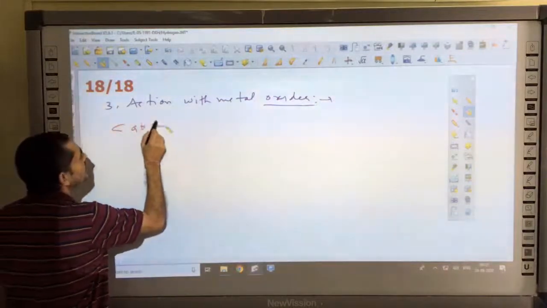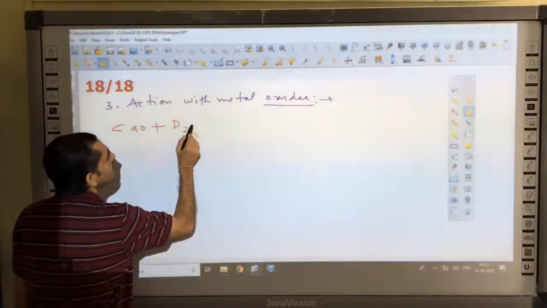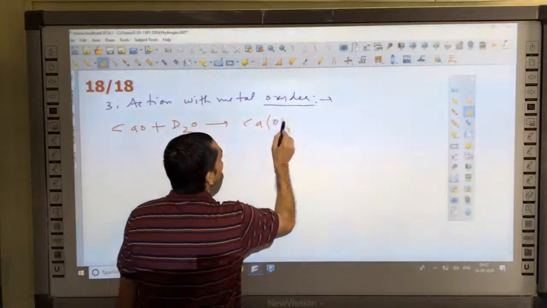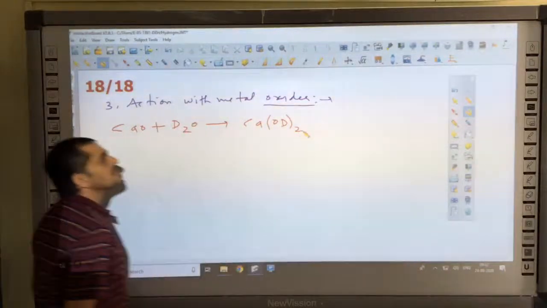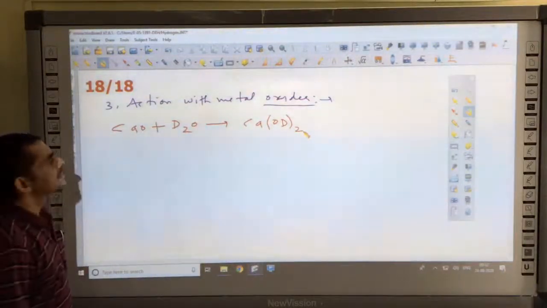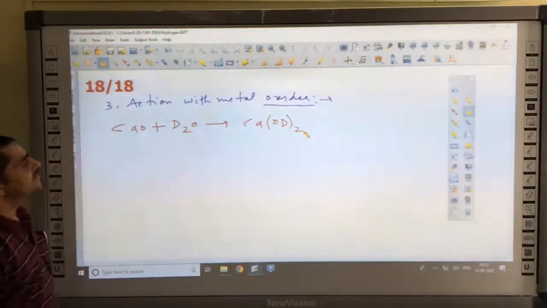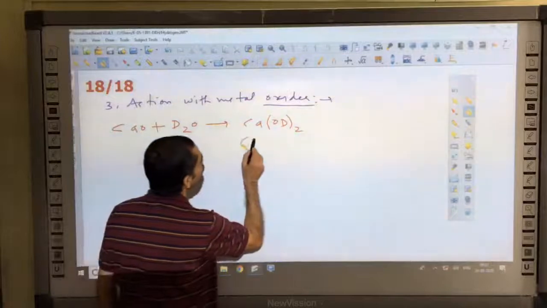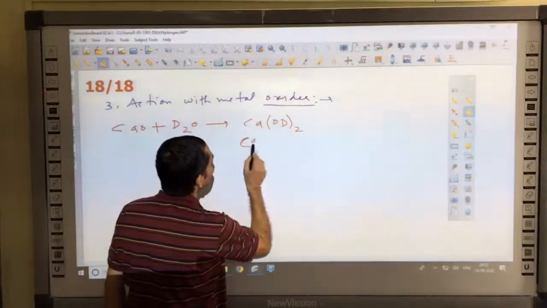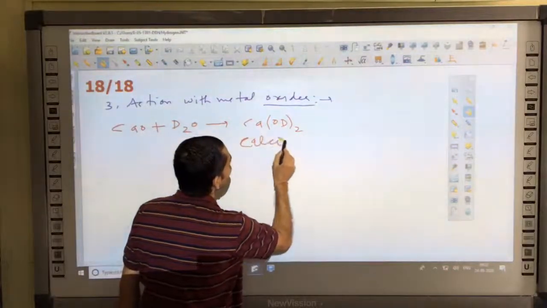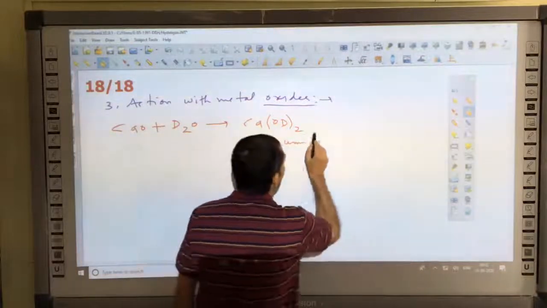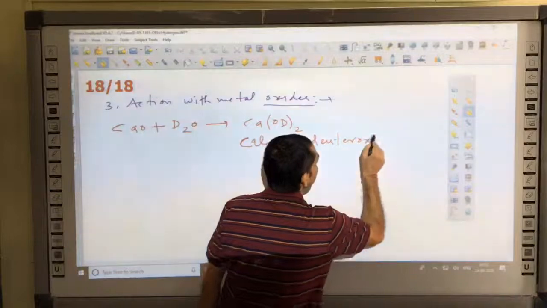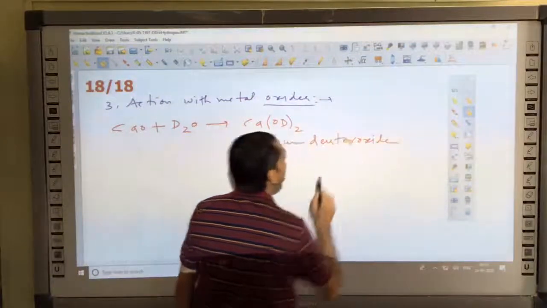Calcium oxide reacts with heavy water. It is forming what? Ca(OD)2. Calcium deuteroxide. Clear?